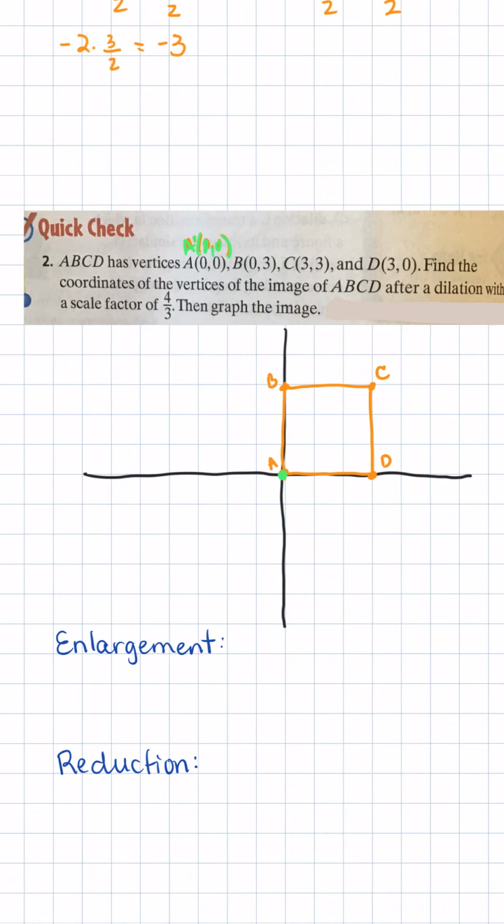B: 0 times that is still 0, but then you have 3 times 4/3. Those cross out, it's just 4. Or you could multiply it: 12 divided by 3 equals 4. So 0, 4.